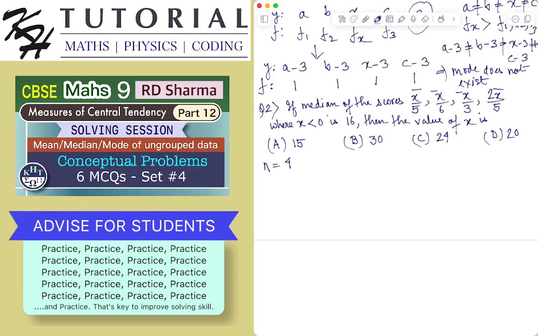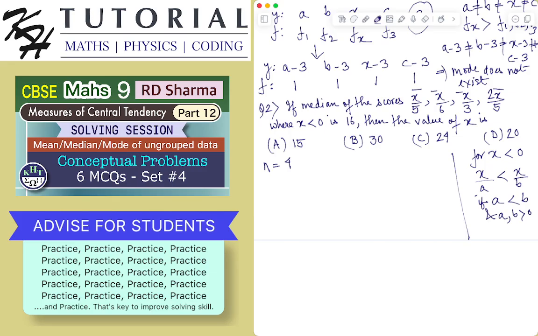Now, one concept you must understand: for x less than 0, if I divide x by a and x by b, where a and b are some positive numbers and a is less than b, then x by a will also be less than x by b.